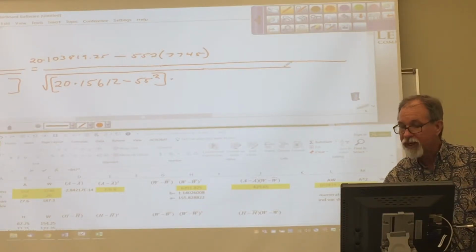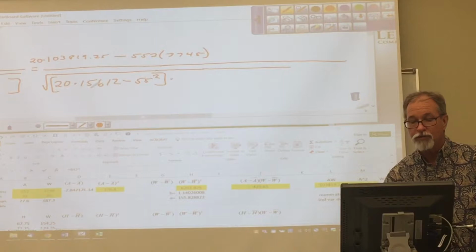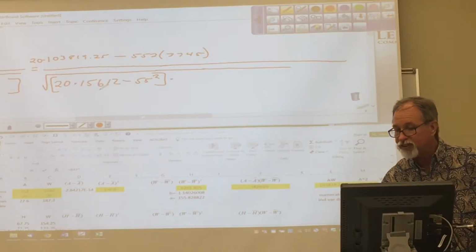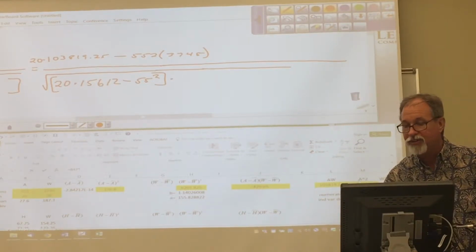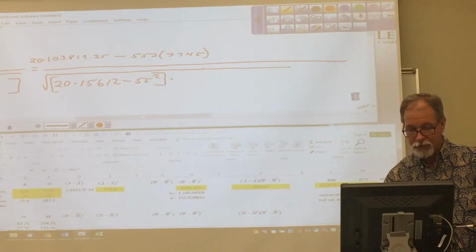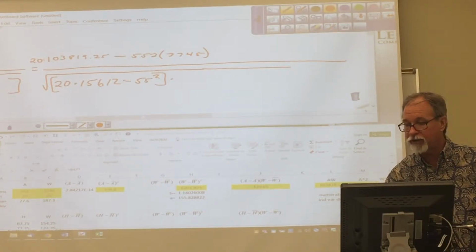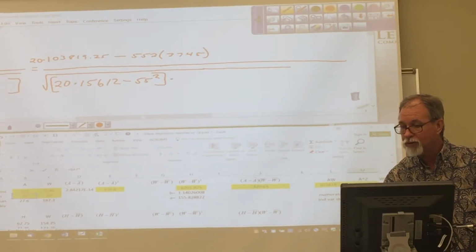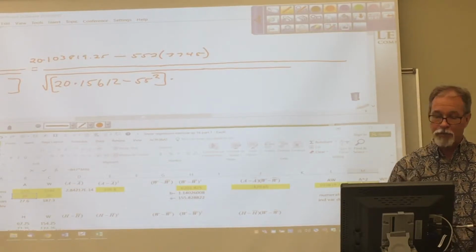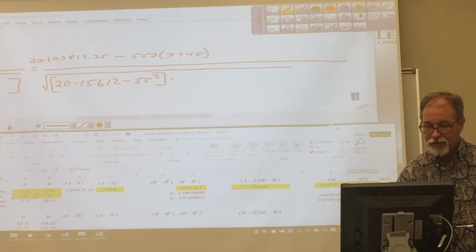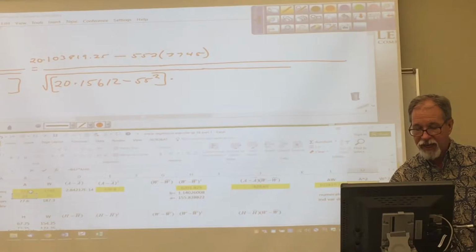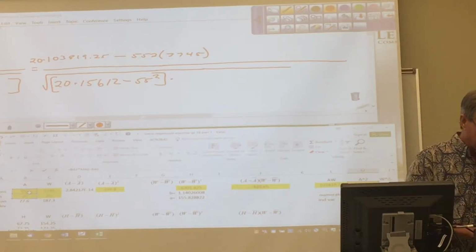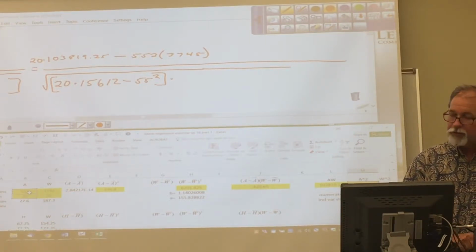The 15,612 was in box M, the sum of my M column, and I'm going to subtract the sum of my A column squared.